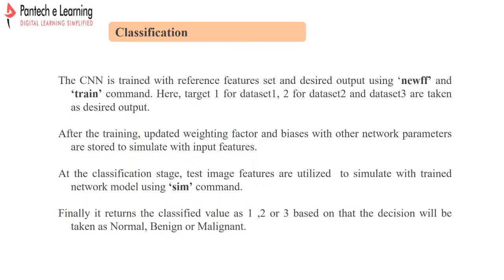If some of the images are not able to train as easily, or not able to be compared as easily, then in between those layers we will face some issues, and that particular issue is known as error.